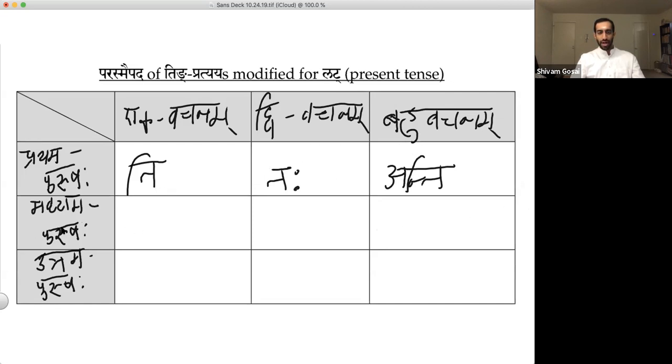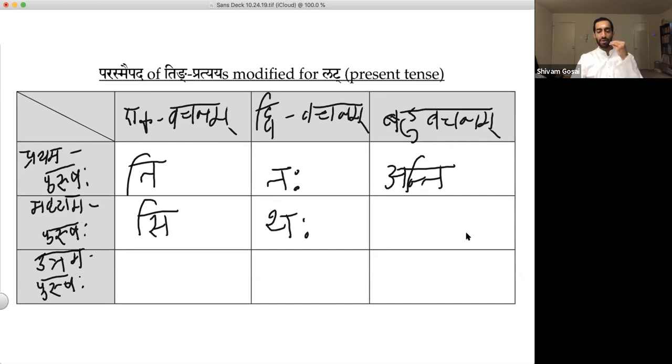Madhyama purusha, so now we're talking about the listener, you. Madhyama purusha ekavachanam, si. Madhyama purusha dvivachanam, thaha.